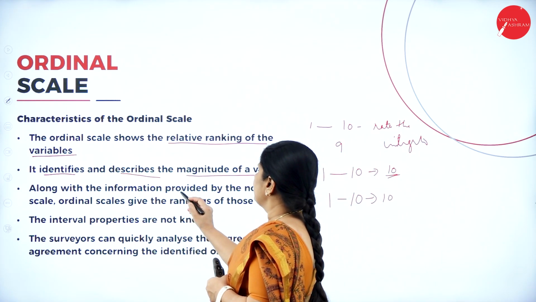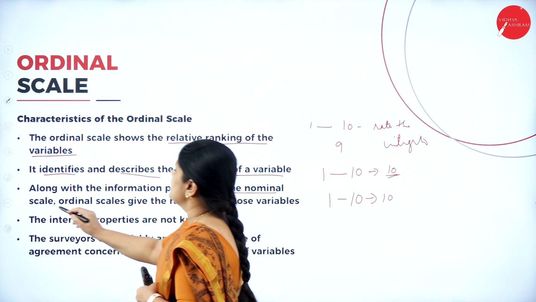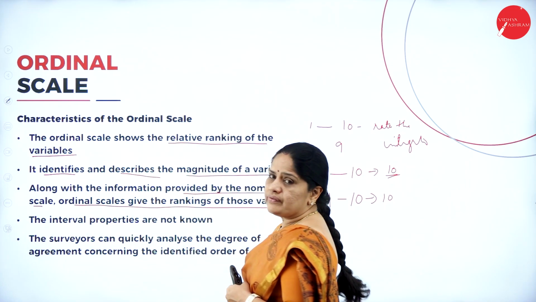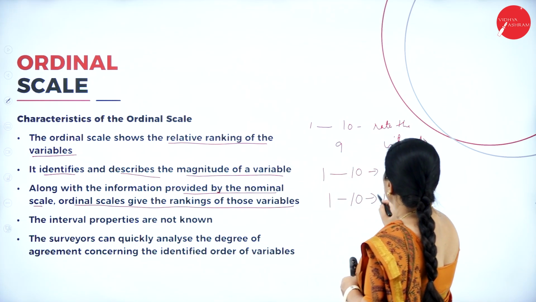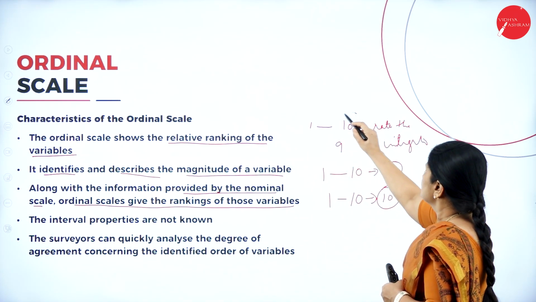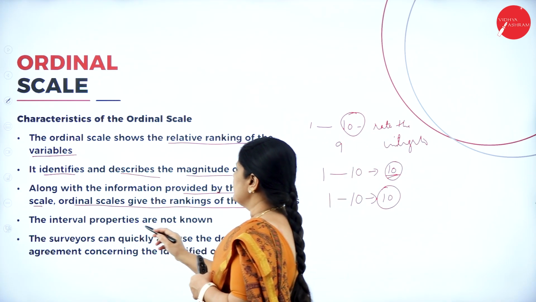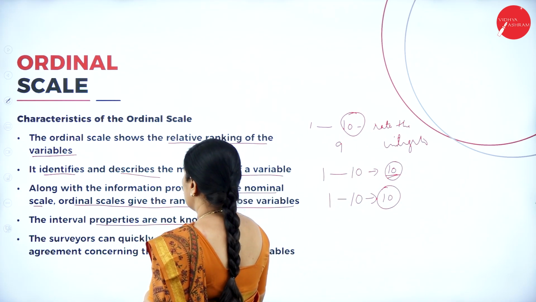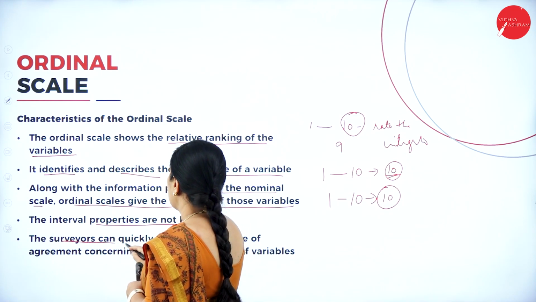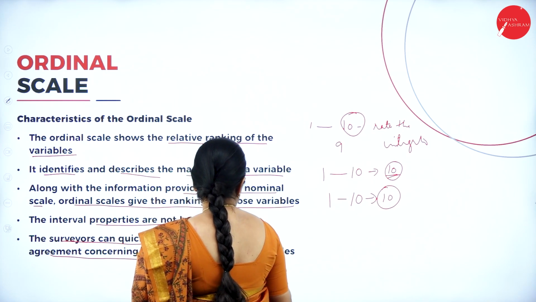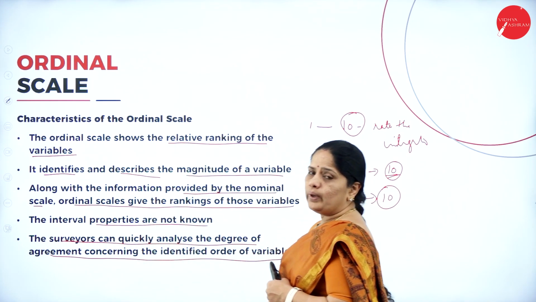Along with the information provided by the nominal scale, ordinal scales give the rankings of those variables. The interval properties are not known. The surveyors can quickly analyze the degree of the agreement concerning the identified order of the variable.